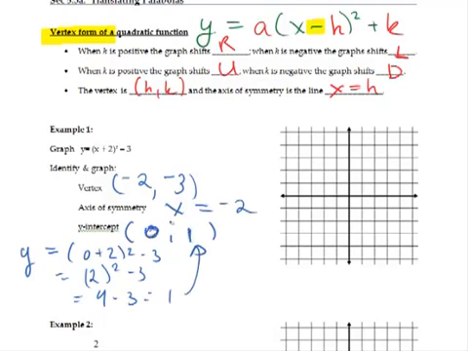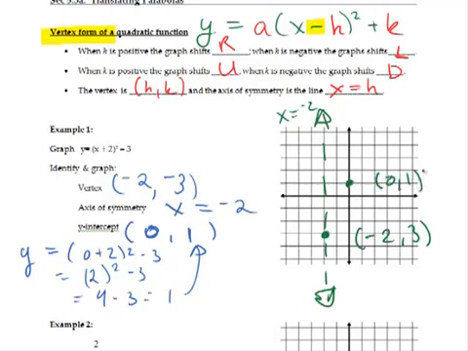So 0, comma 1. So on our graph, we will say axis of symmetry runs here, x equals negative 2. And the vertex is at negative 2, comma, negative 3. Y-intercept is at 0, comma 1.